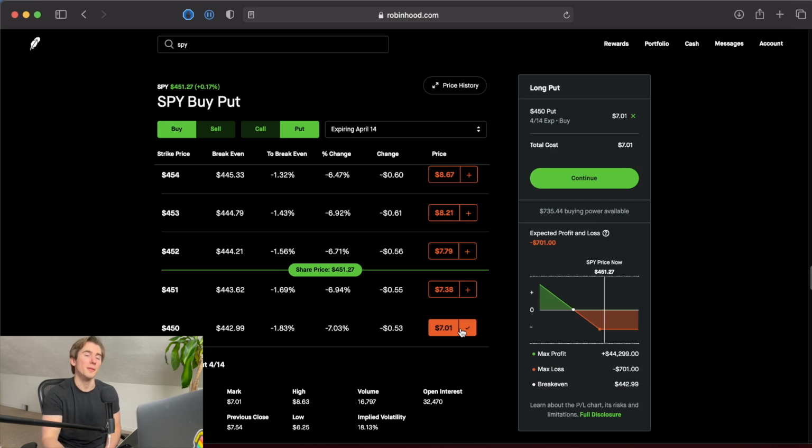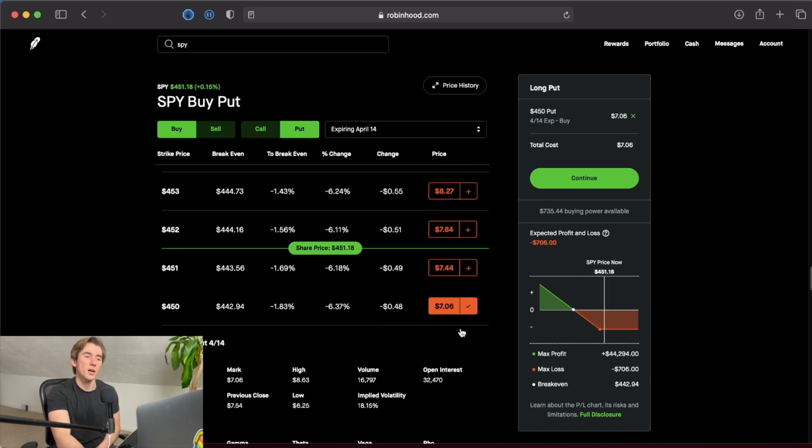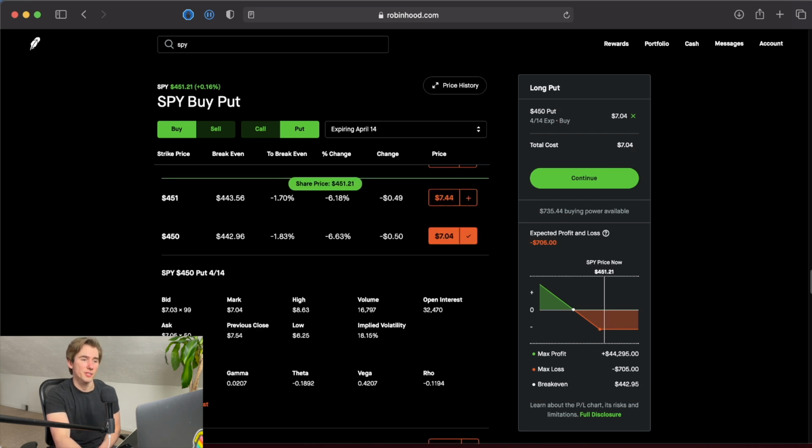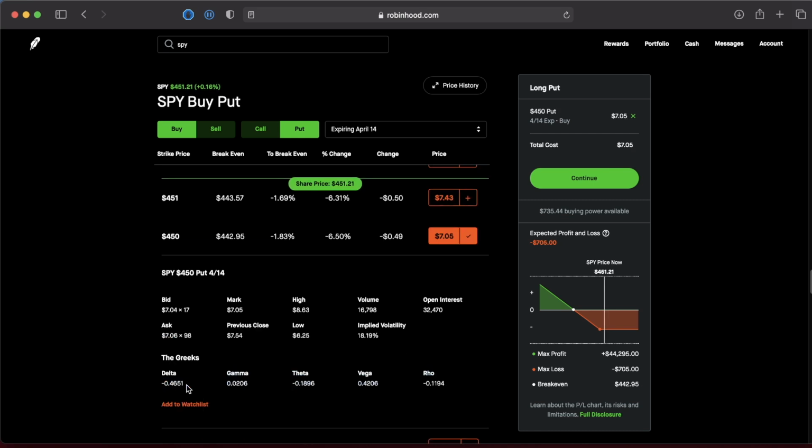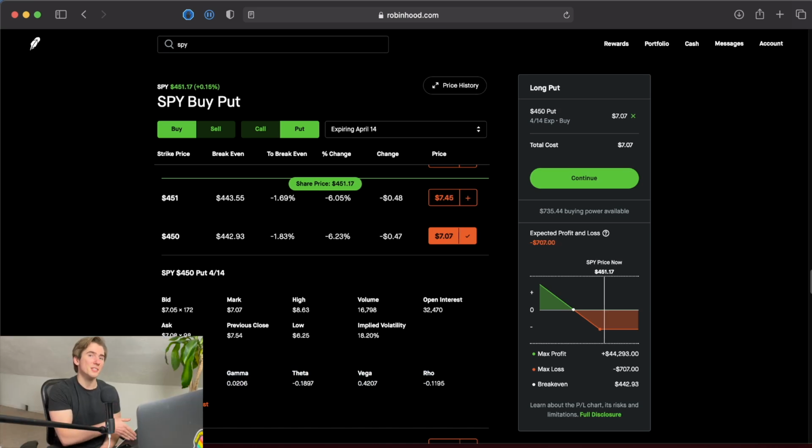So that's the premium that I would pay in order to enter this. And I would hope in the meantime SPY comes down. That way the delta will increase the value for this option. The delta for this is going to be negative 46.5. The delta for call options was positive because we wanted the stock to go up. But with a put option, your delta is going to be negative because you want the stock to come down.